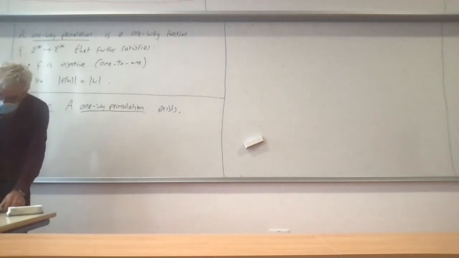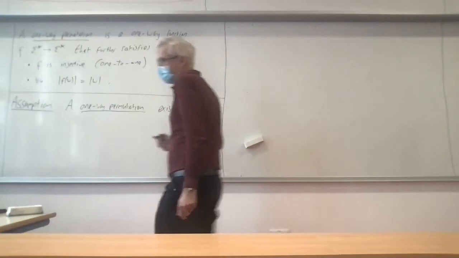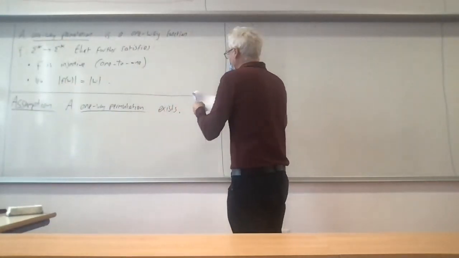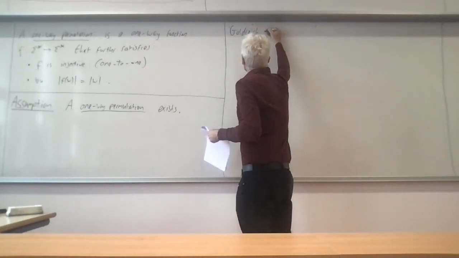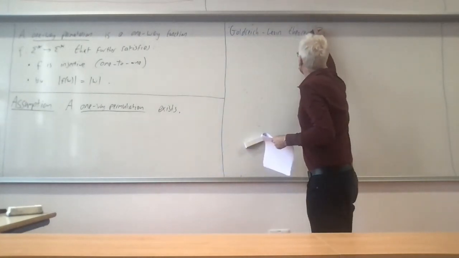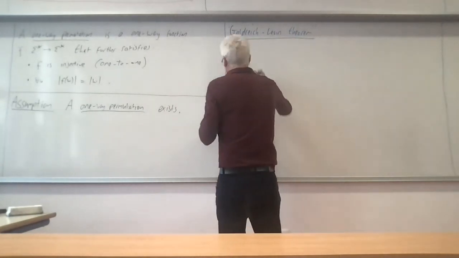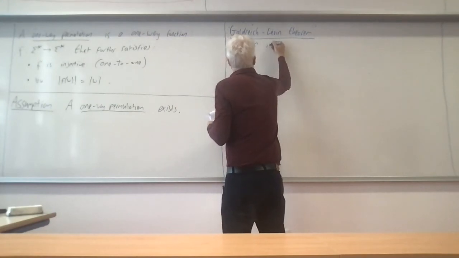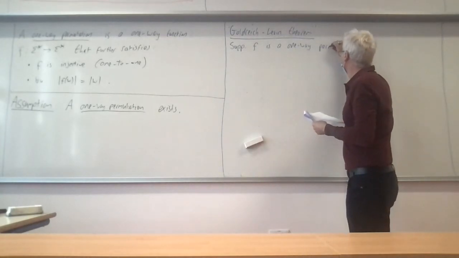The sealed envelopes work by what's called the Goldreich-Levin theorem. This says, suppose f is a one-way permutation.